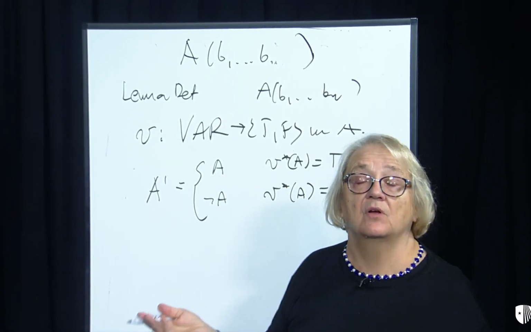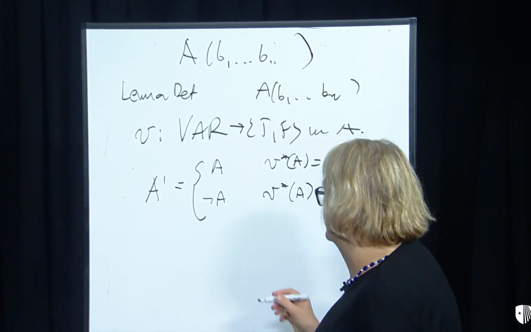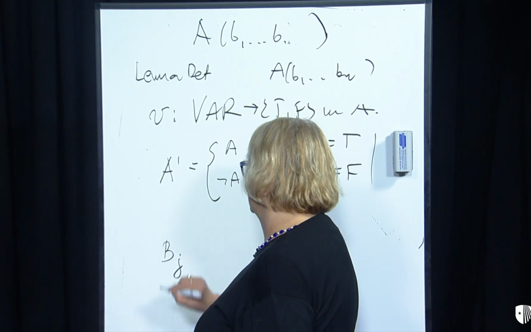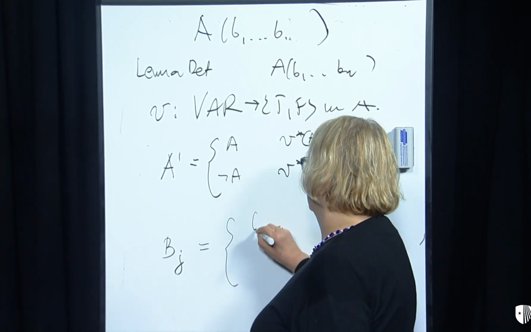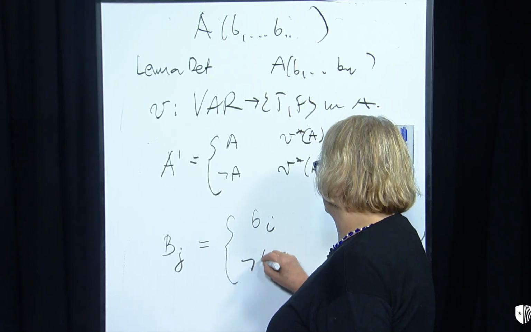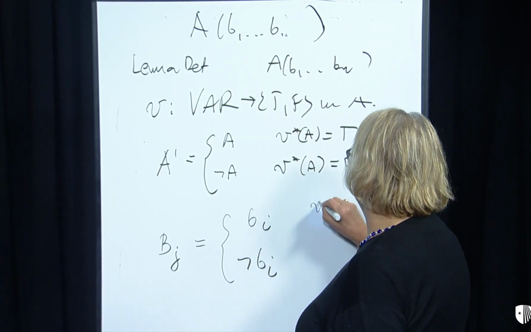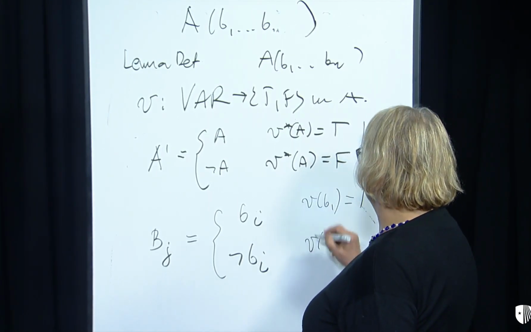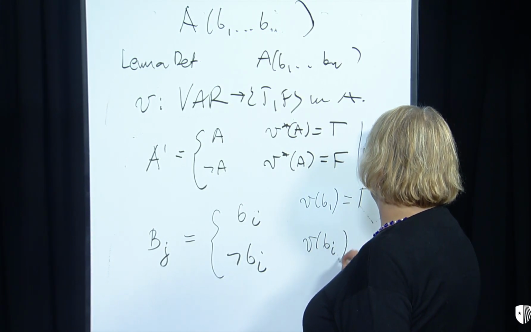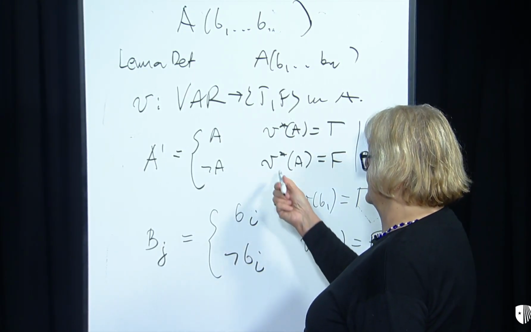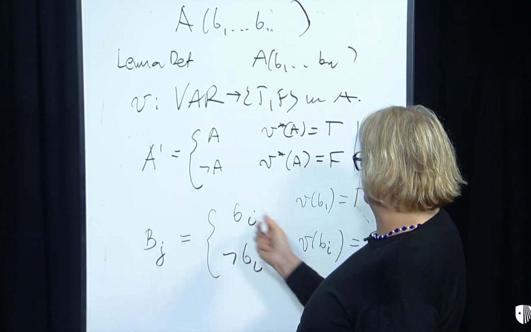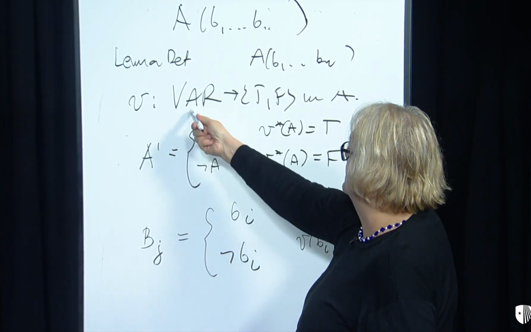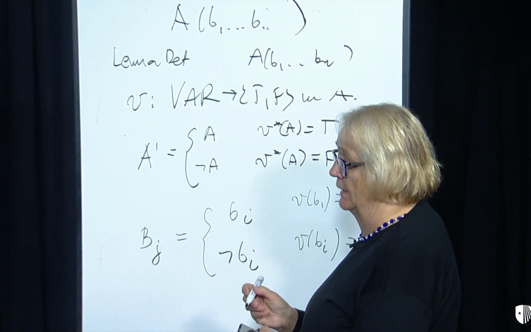And you can see that that only happens in classical logic. And now we construct the formulas B_j prime, which again is the same, B_i and not B_i, where B_i is evaluated into T, and the same for v(B_i) evaluated to T. This is an extension of v. v is defined on variables, and then v star is the extension of that v from variables to the set of all formulas.